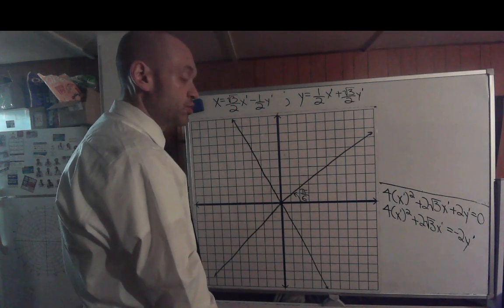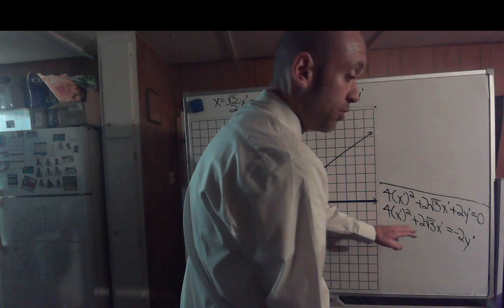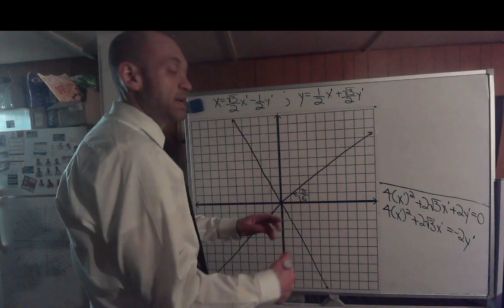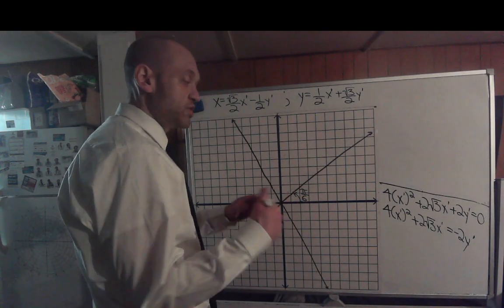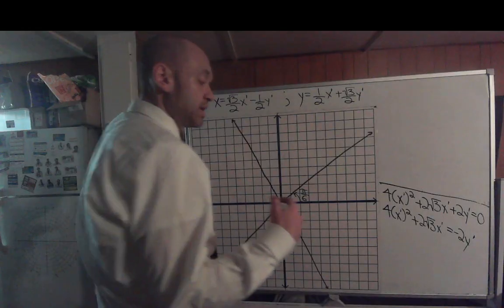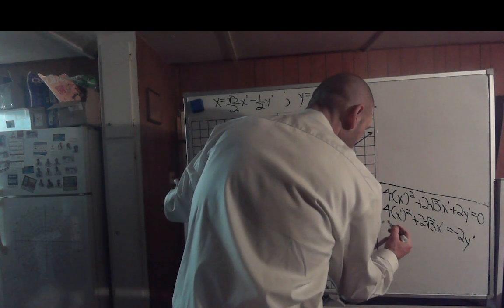Well, what's true then? We need to make the coefficient on the x prime squared a 1. So we need to factor out a common 4.